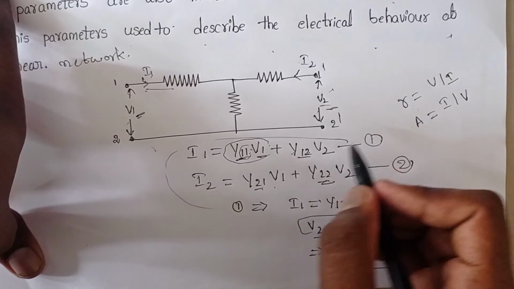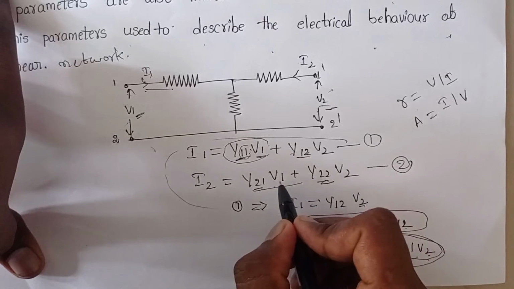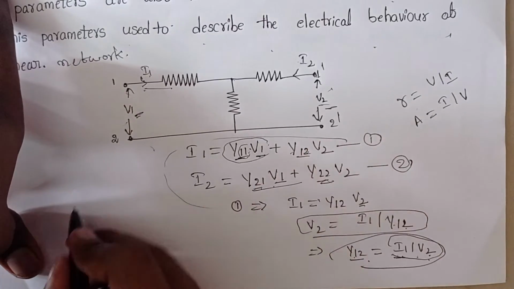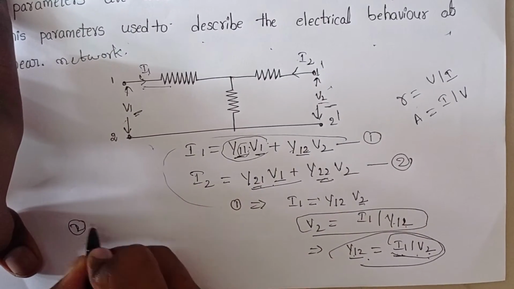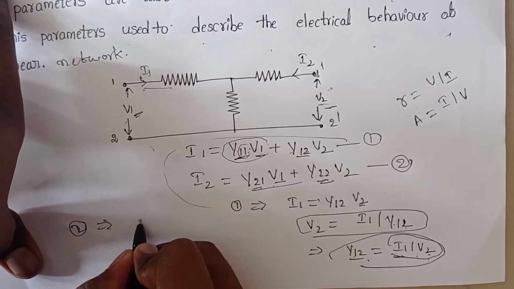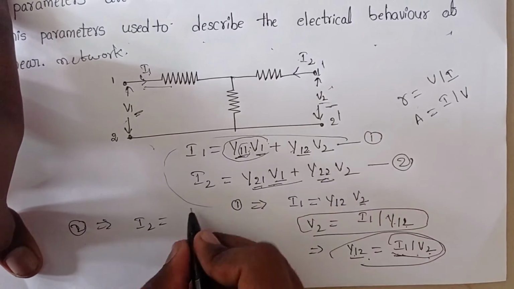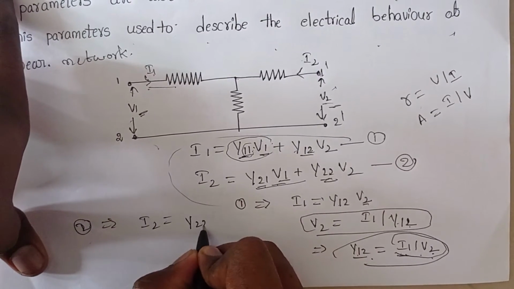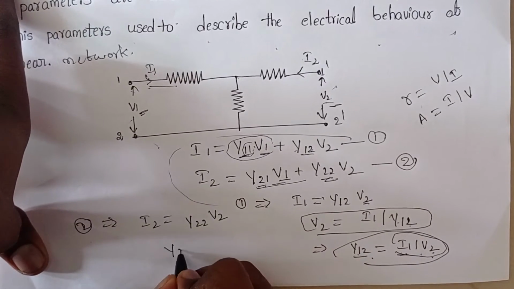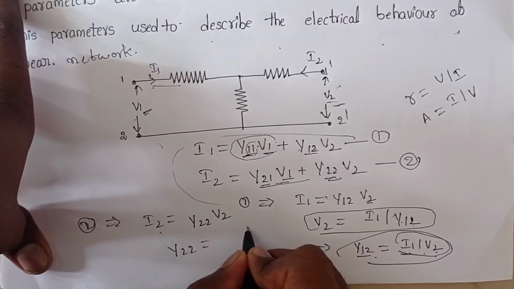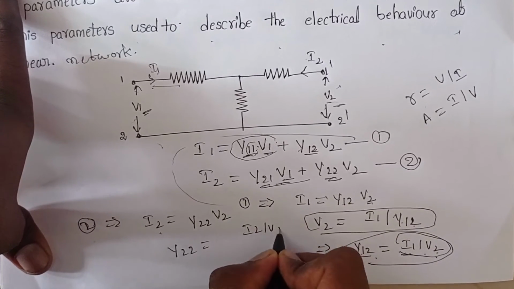Next, consider equation number 2. If V1 equals 0, then equation number 2 becomes I2 equal to, this entire term becomes 0, then Y22 V2. Y22 is equal to I2 by V2.